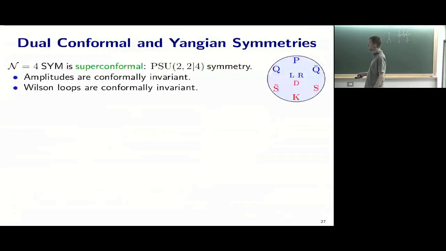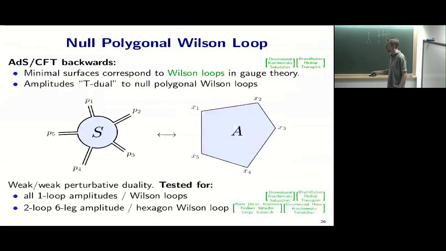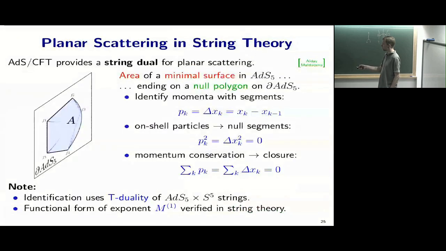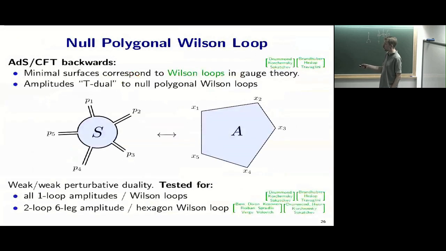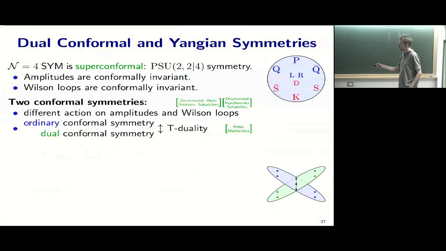But the curious thing is that this is not the right one. The symmetry, if you identify it using those rules here, does not lead to conformal symmetry of that. And conversely, if you have conformal symmetry of that, this doesn't lead to the right transformation rules for the S matrix. And so we have different actions on amplitudes and on Wilson loops.